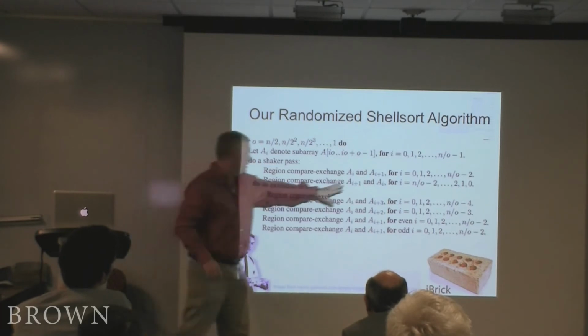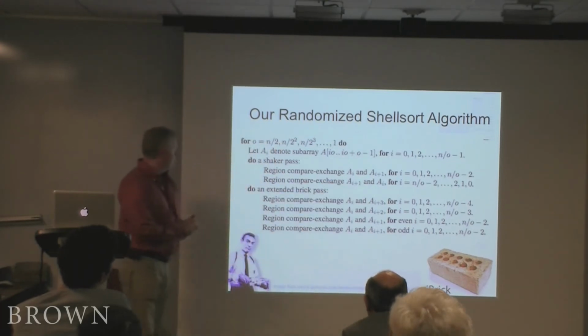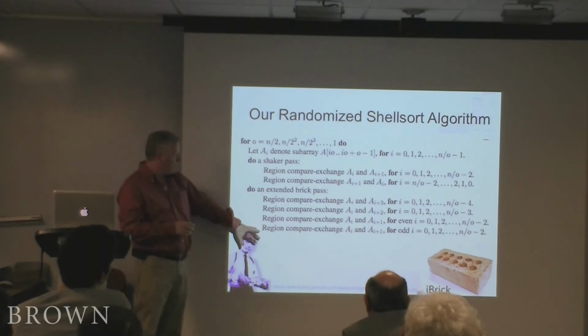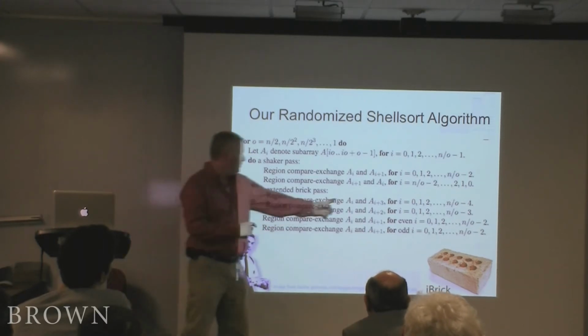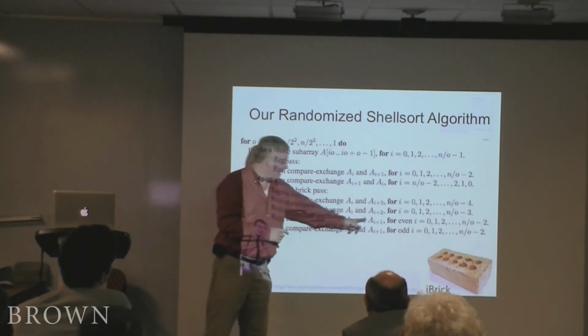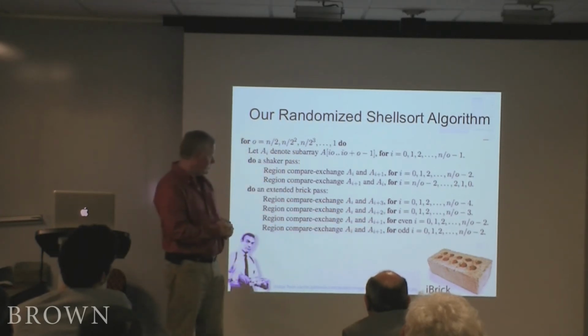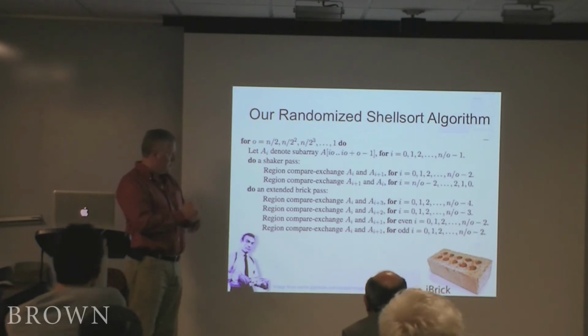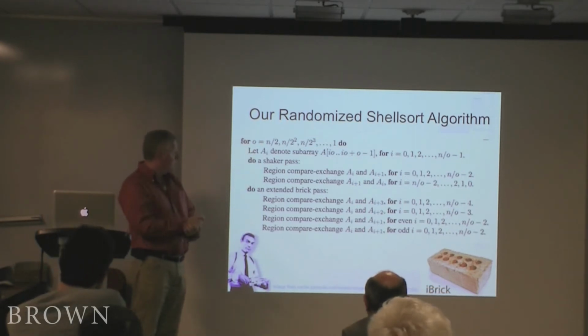And then region compare exchanges coming down, going back the other way. So a shaker pass at this region level, using, again, these random matchings between the regions. And then do what I call an extended brick pass, where we compare things that are 3 regions apart, then 2 regions apart, then next to each other for even indices, and then next to each other for odd indices, like the bricks. And that's the whole algorithm on one slide.